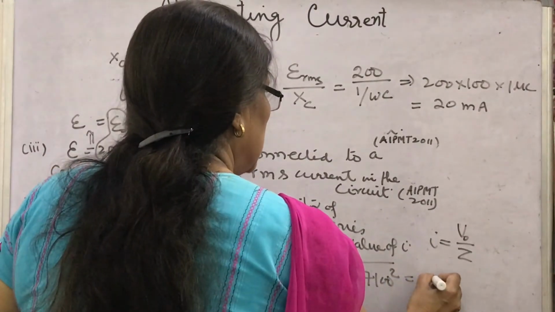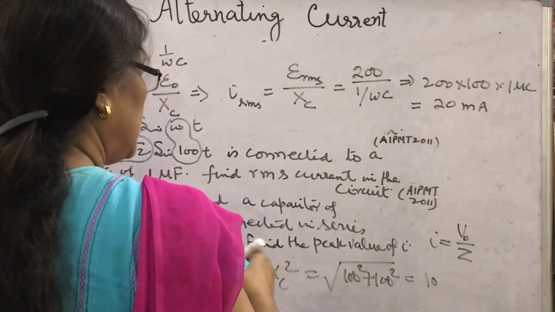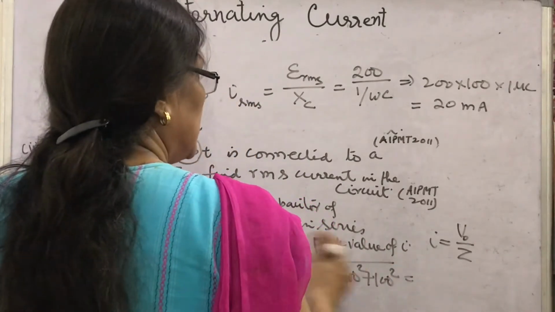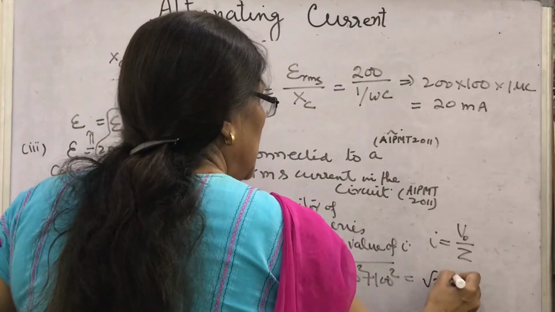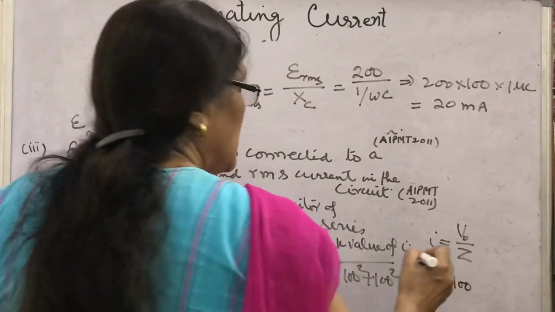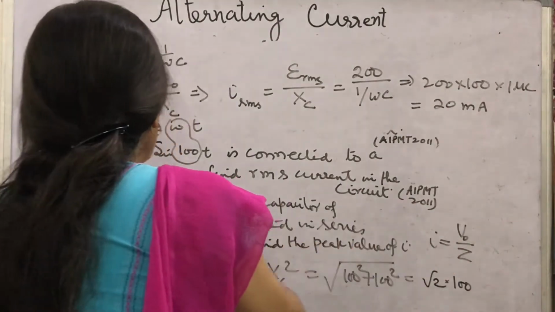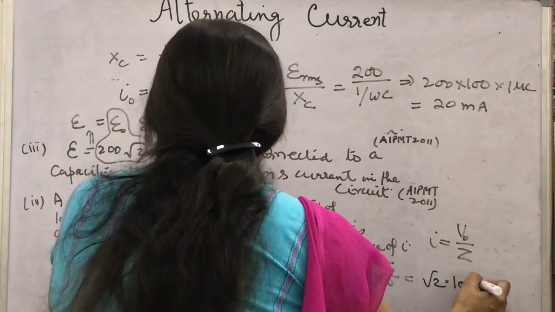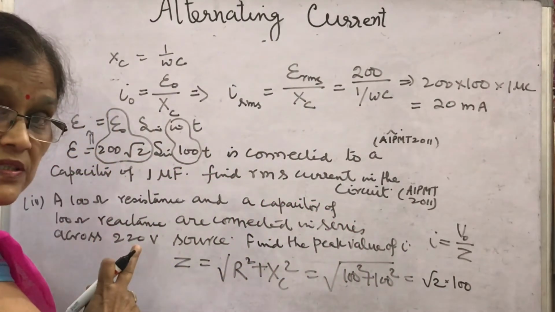This is root 200, and this V naught is given 220. Whatever is the value given is RMS.